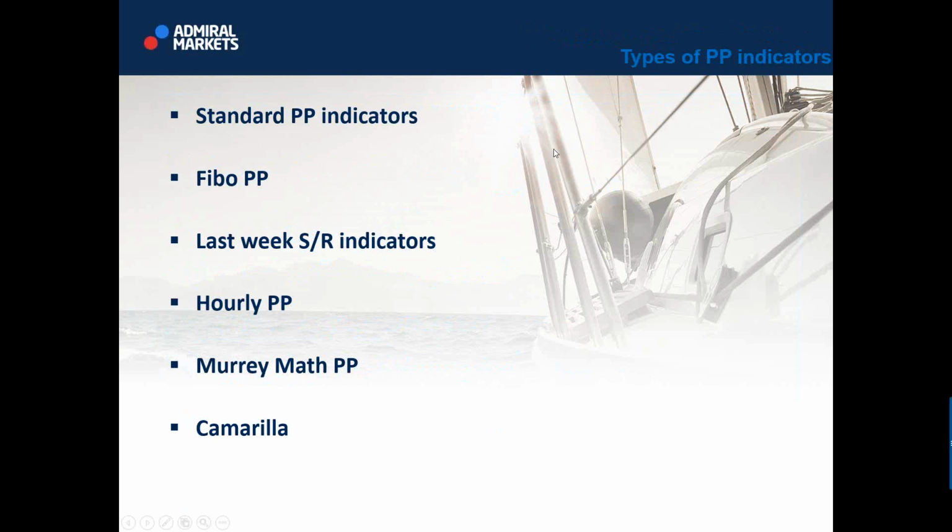Okay. Now, types of pivot point indicators. We have a lot of indicators for pivot points: standard pivot point indicators, Fibonacci pivot point, last week support resistance, hourly pivot, Murray-Matt pivot point, Camarilla. Most of those indicators are static indicators. They do not change throughout the day.